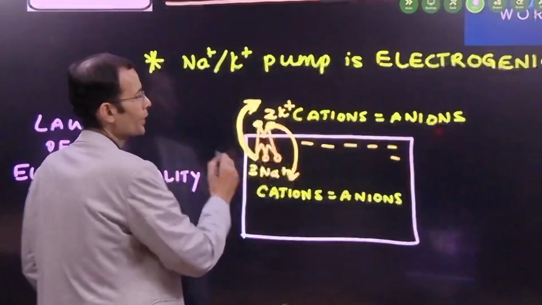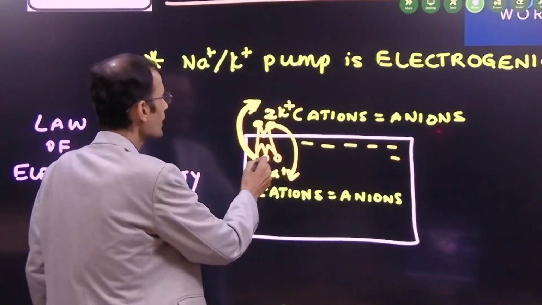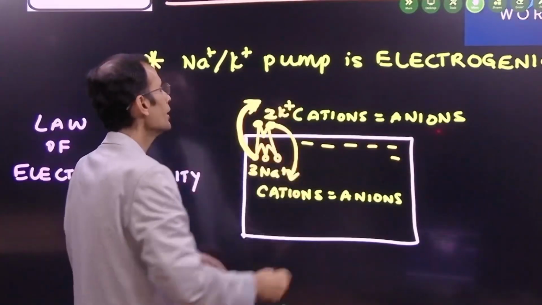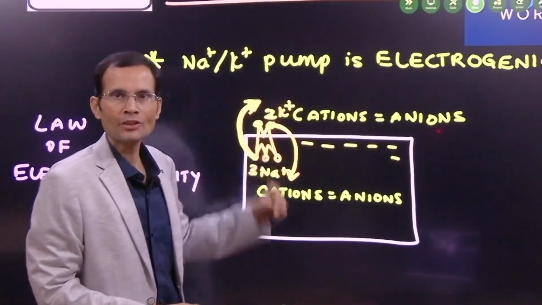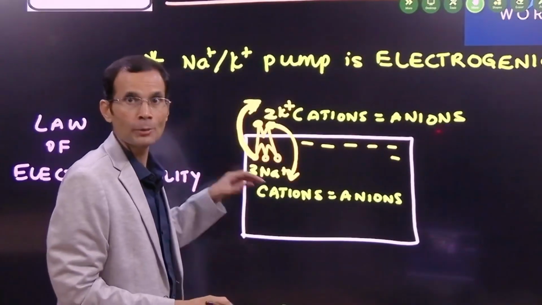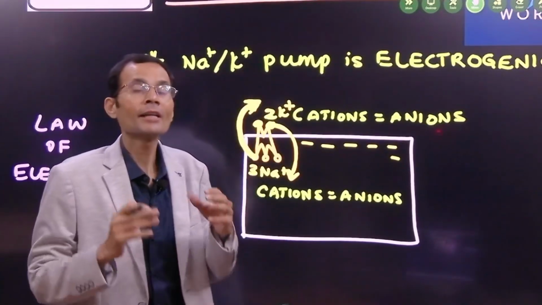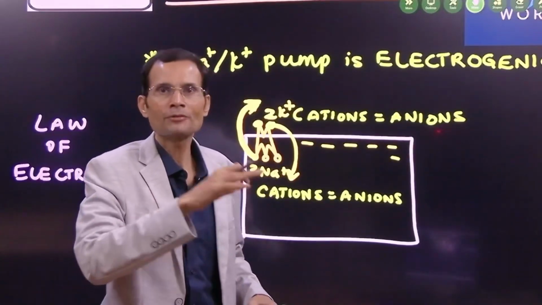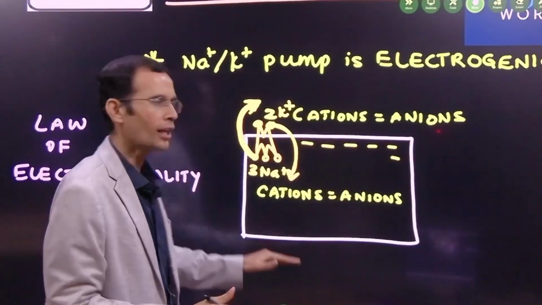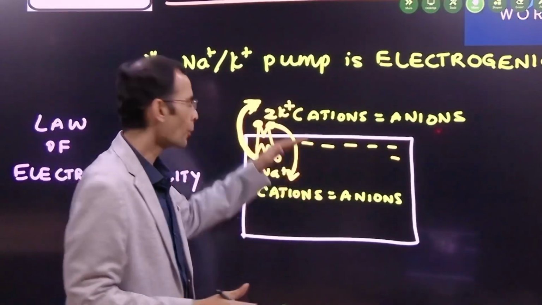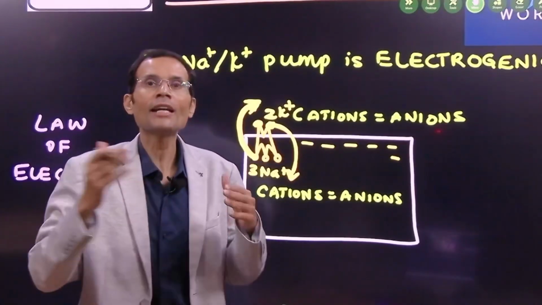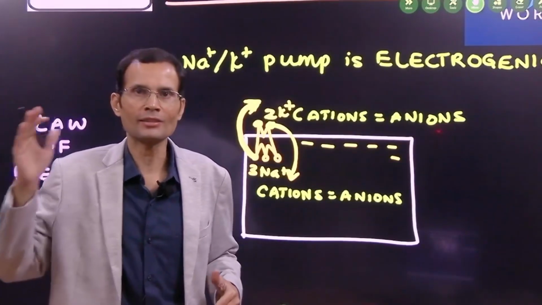Now if sodium potassium pump starts working, it carries 3 positive charges, that is 3 sodium ions from inside to outside, and 2 potassium ions, that is 2 positive charges are brought in to replace those 3 positive charges. It means what? When the pump is functioning, slowly there would be a deficit of positive charges inside the cell, meaning relatively excess negative charges.